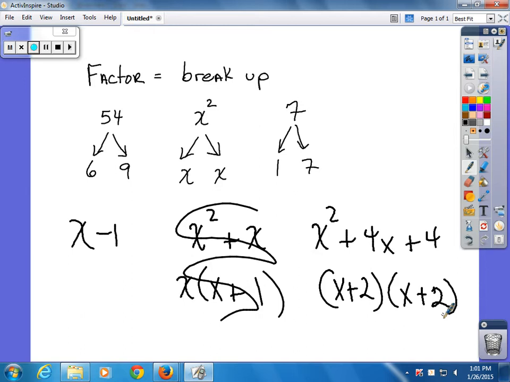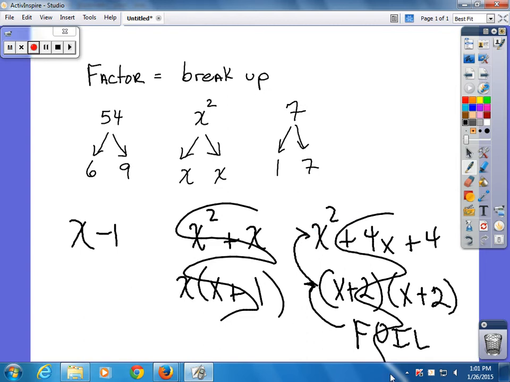In other words, if you multiply these two together using the FOIL method, you would get this. Thus, 6 times 9, 9 times 6 is equal to 54. X plus 2 times x plus 2 will give you x squared plus 4x plus 4. Don't care about that either. But what I'm really trying to get you to understand is the word factor means what?